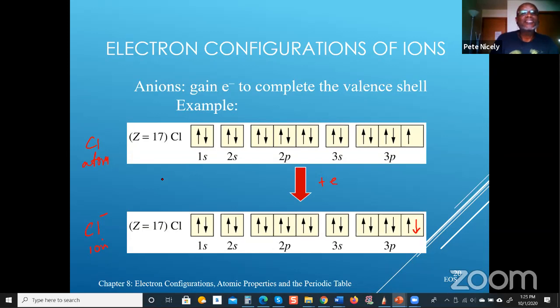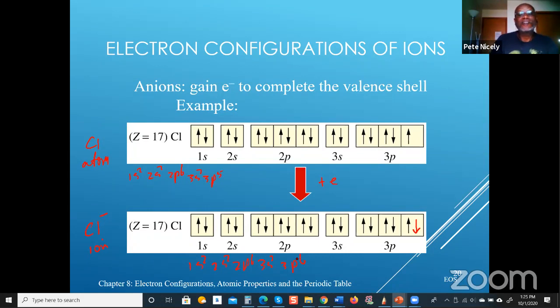Alternatively, we could write the configuration for the chlorine atom as 1s2, 2s2, 2p6, 3s2, 3p5. In the case of the chloride ion, it's going to be 1s2, 2s2, 2p6, 3s2, 3p6, all right?